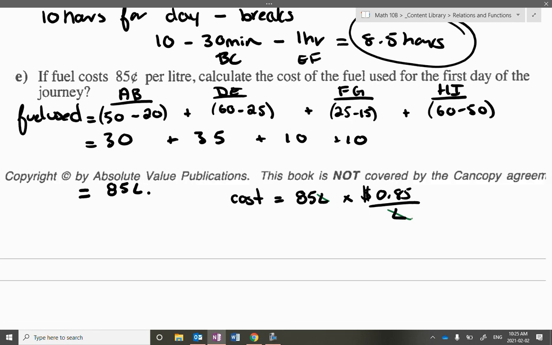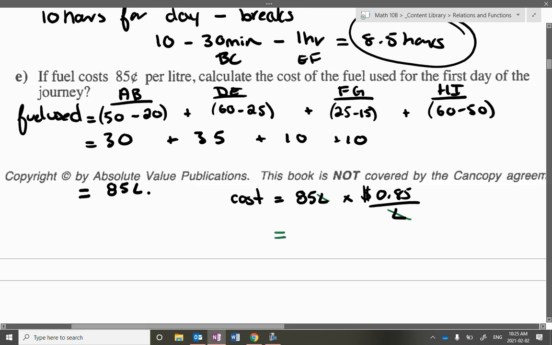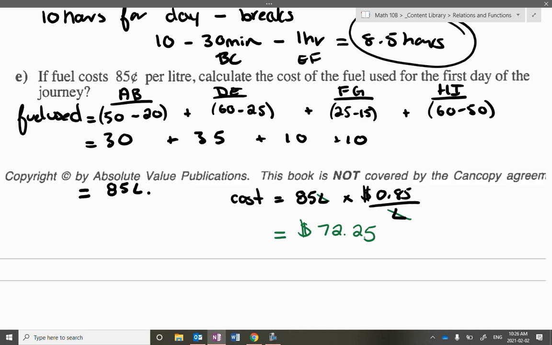So the liters cancel out. At the end of the day, we're going 85 times 0.85, which gives us $72.25. Which for driving 8.5 hours, that's really good.